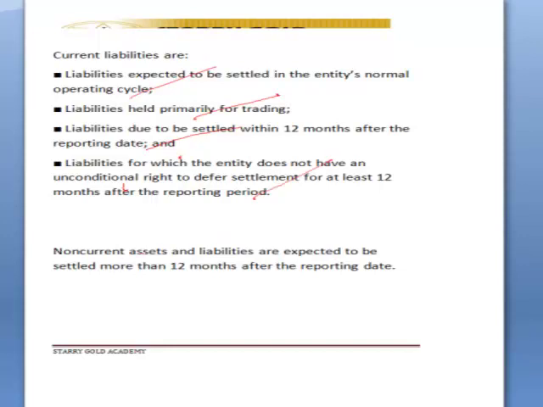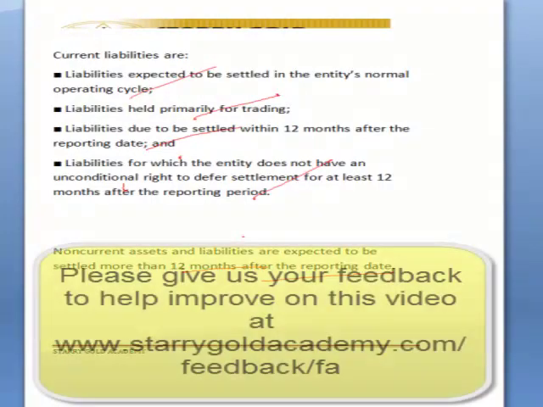So the non-current liabilities are expected to be settled more than 12 months after the reporting date. So this is the classification of assets and liabilities.